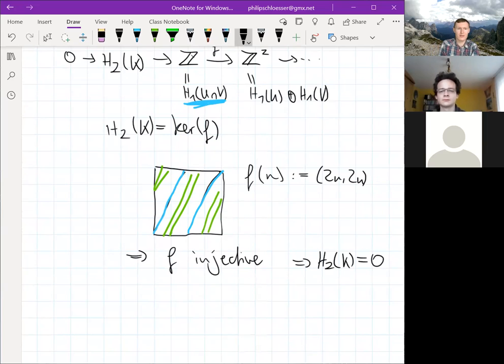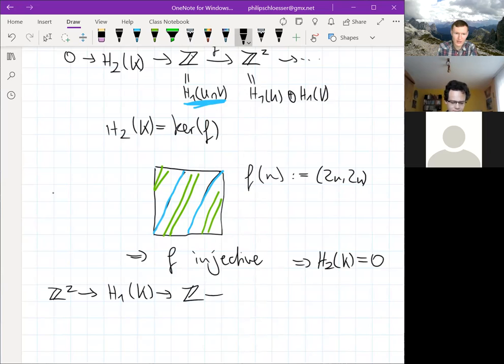Because next we can look at another subsequence of the Mayer-Vietoris sequence. Namely, basically just what comes after that one: Z squared to H1 of K to Z to Z squared and so on.